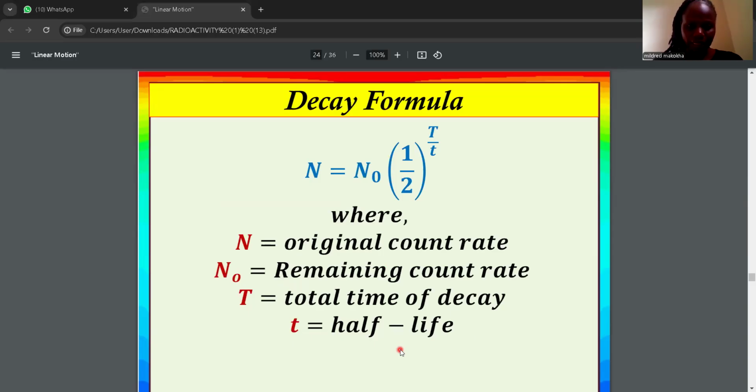And then T is the total time of decay and small t is the half-life. So you're going to use this formula in some examples. And apart from this formula, there are some other ways in which you can approach the same question.